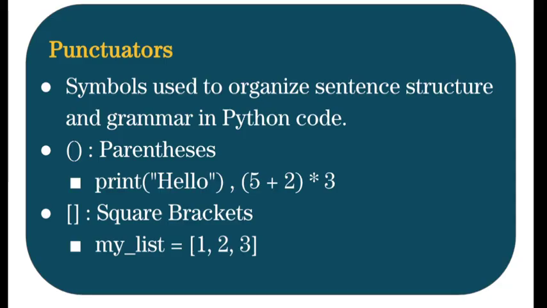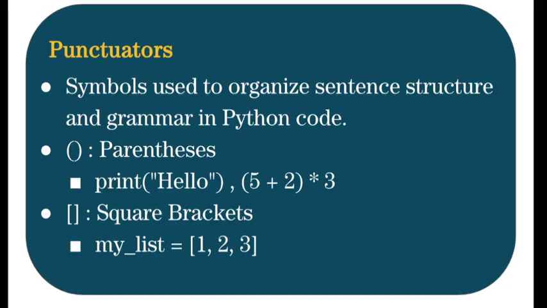They are structural elements that help Python understand the structure of your code. They don't perform operations like operators, but they help separate things, group things, or define blocks of code, just like punctuation marks help organize sentences in English.